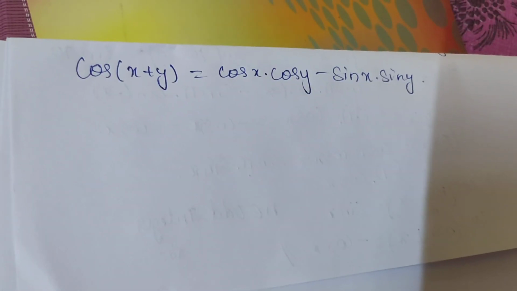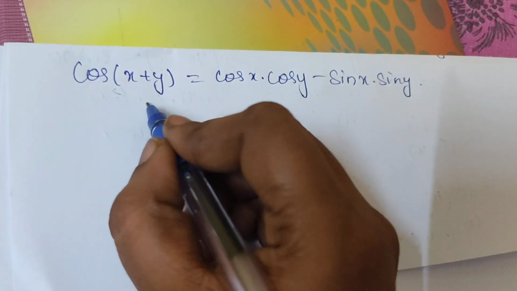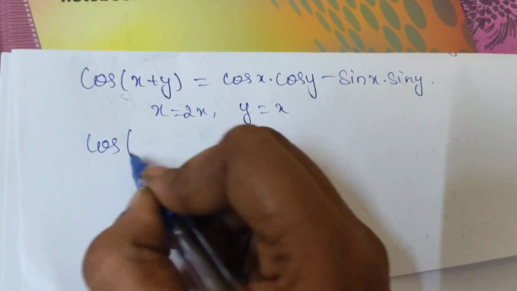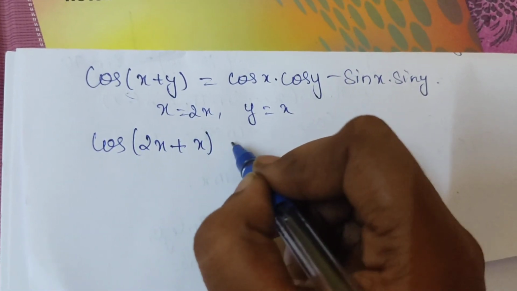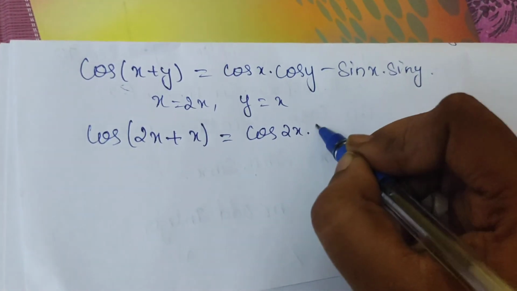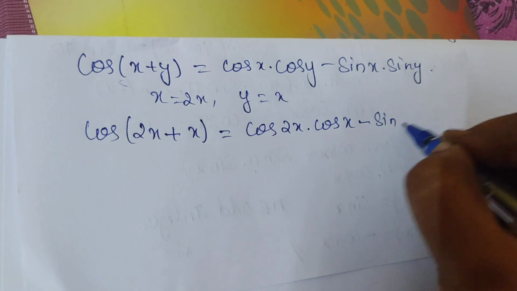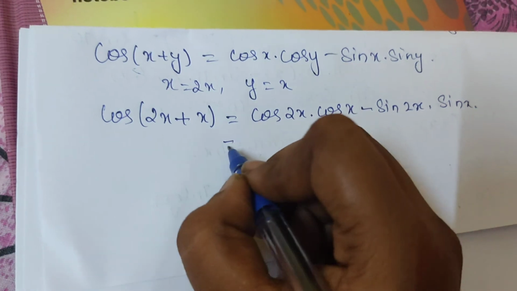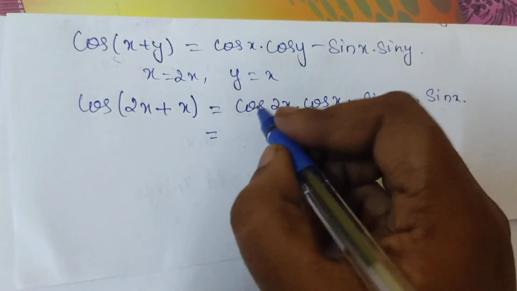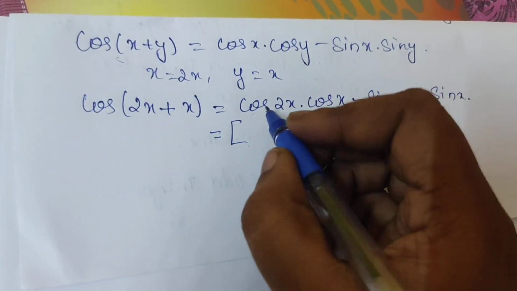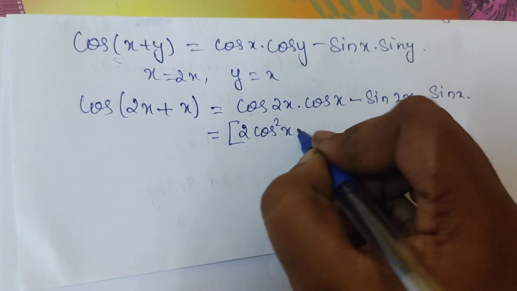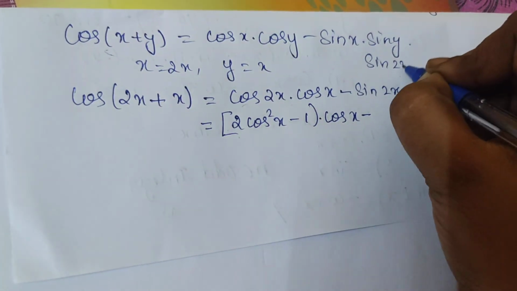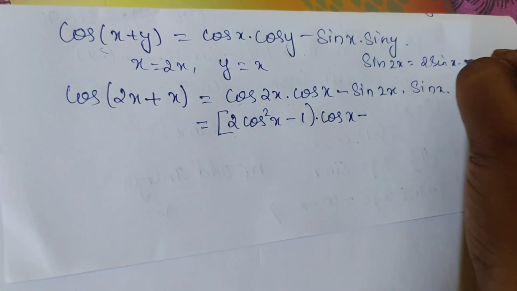Now in the identity we will replace x as 2x and y as x. So we will get cos(2x plus x), which is cos 2x cos x minus sin 2x sin x. Now from the previous expansion, we can write cos 2x as 2 cos square x minus 1 into cos x, and sin 2x can be written as 2 sin x into cos x.